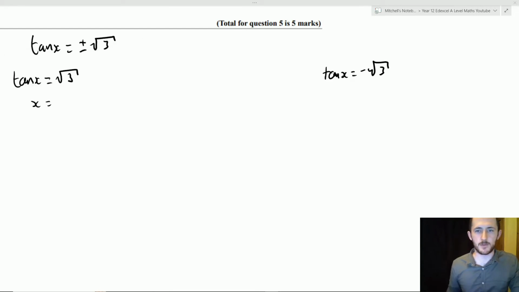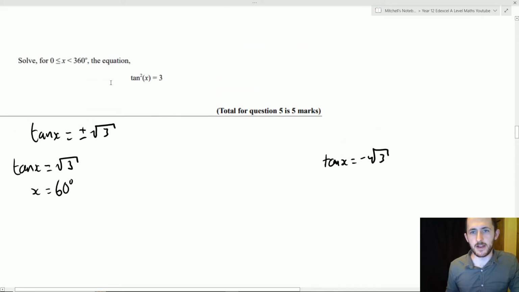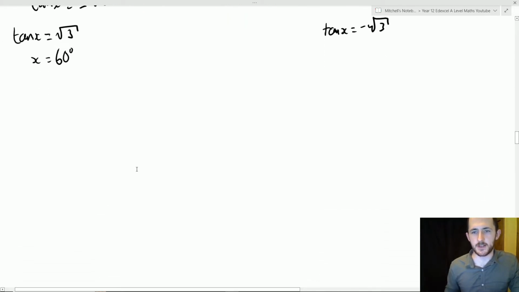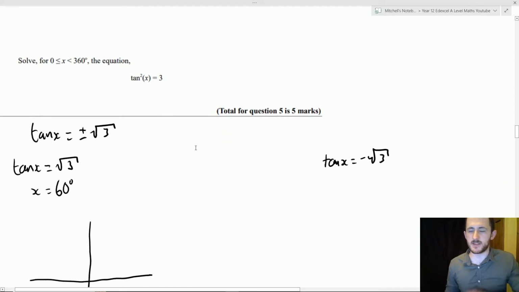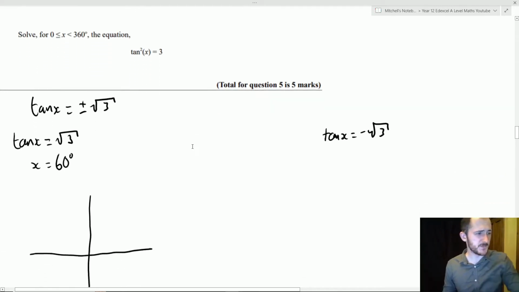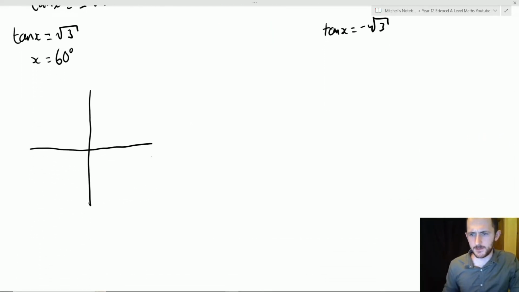So, x here equals 60 degrees. I probably should have just known that off the top of my head. And our range is 0 to 360, so let's go. Again, when they give you these options where it's a plus and a minus, generally speaking, they don't make you do anything else, because otherwise it's a bit too much work. So, 60.